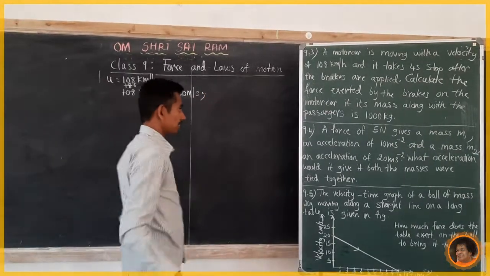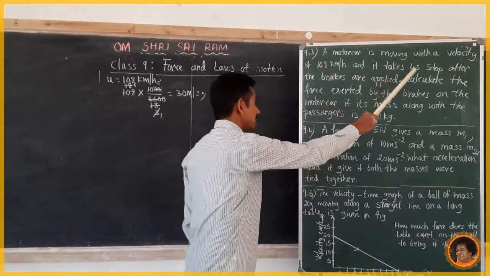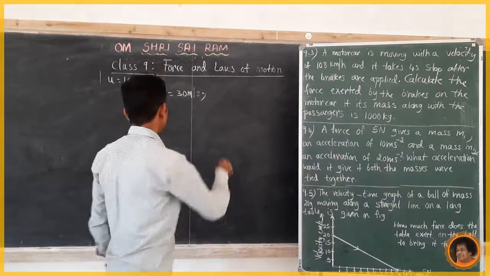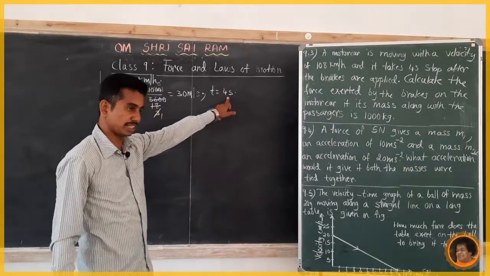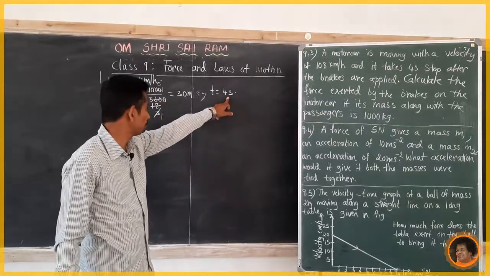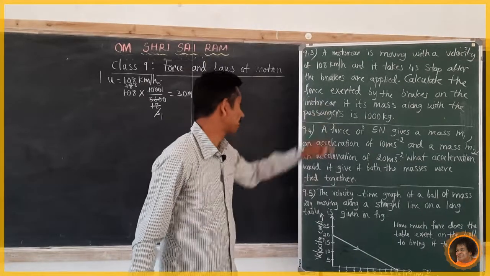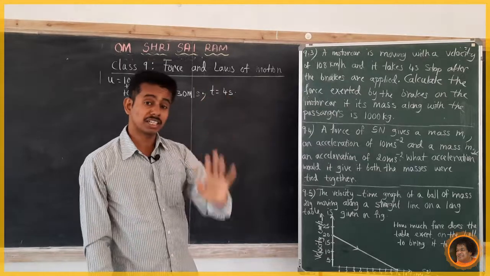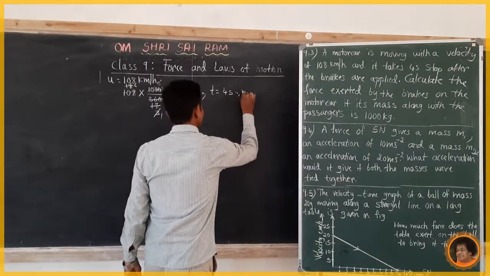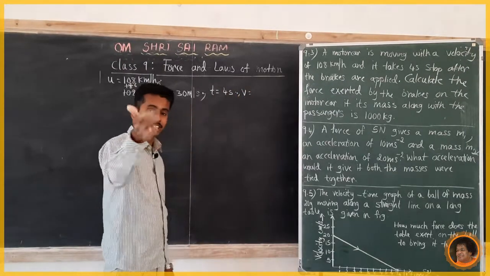Next, what other data are given? It takes 4 seconds, so time t equals 4 seconds. It is given in the SI unit, since second is the SI unit of time. It stops after the brakes are applied, so it comes to rest. What is the final velocity?